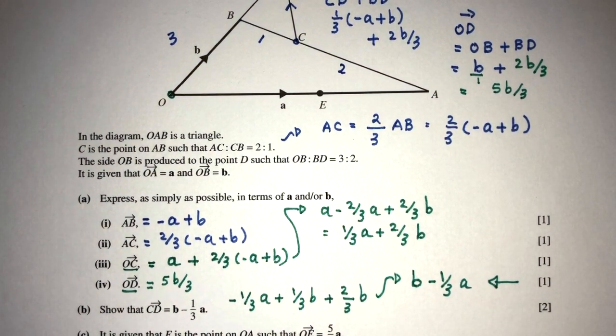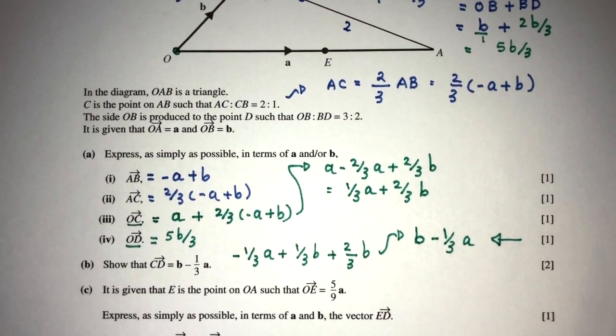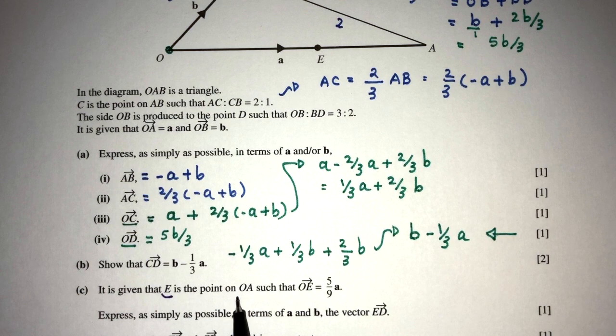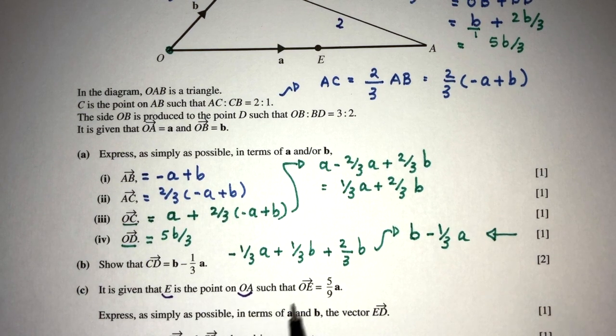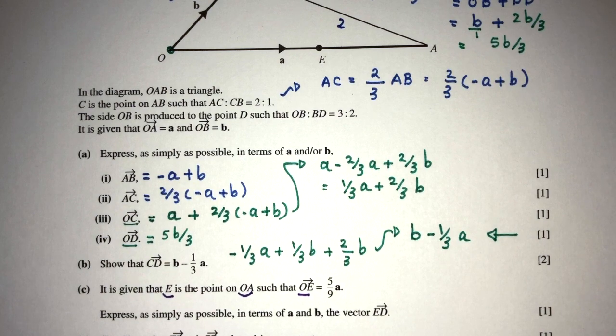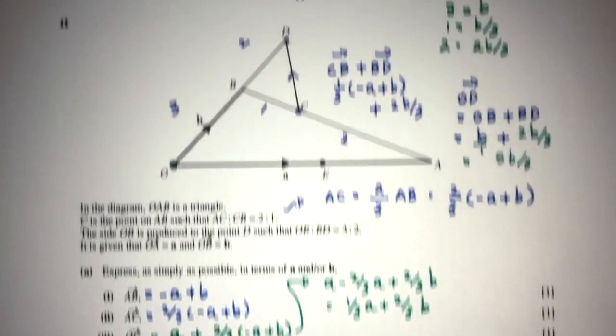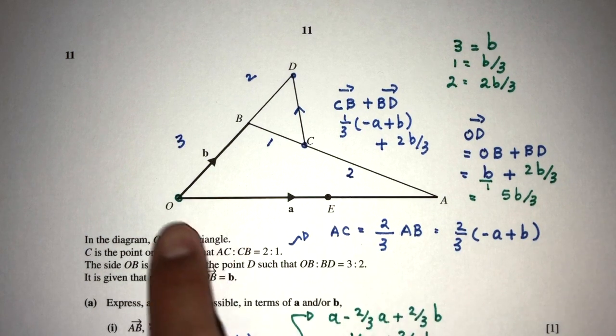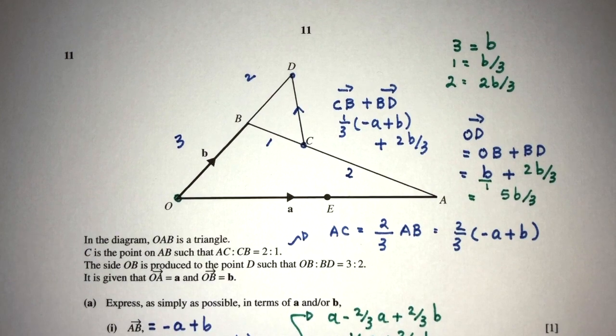Now for part C, it is given that E is a point on OA, such that OE is 5 over 9a. So this is your point E, and the value of OE is 5 over 9a. That is given to you by your question.